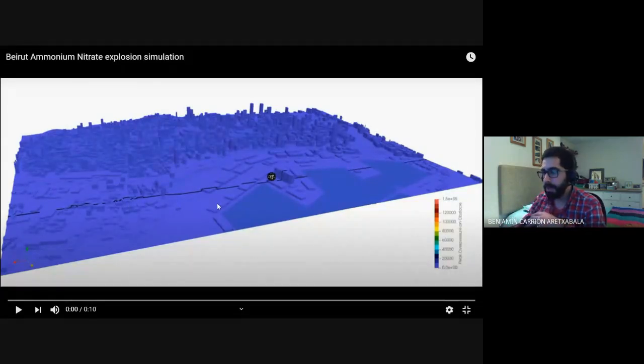And you can model how that increase propagates. So here I'm showing the results from a group of researchers, and they model this huge increase in pressure with the topography of the port. And here in the scale is the peak overpressure.